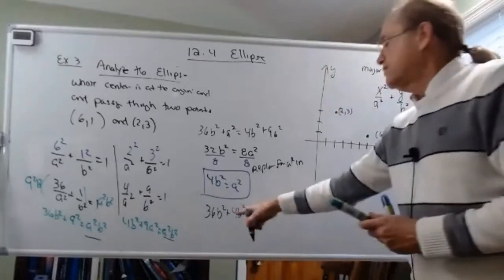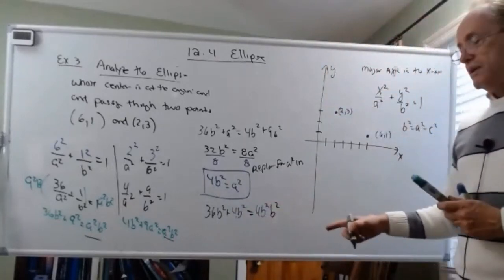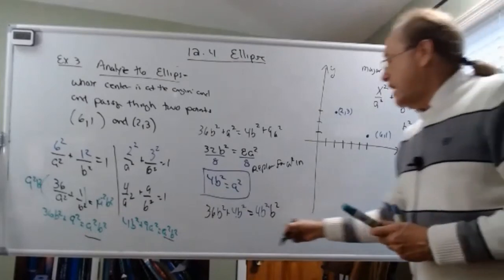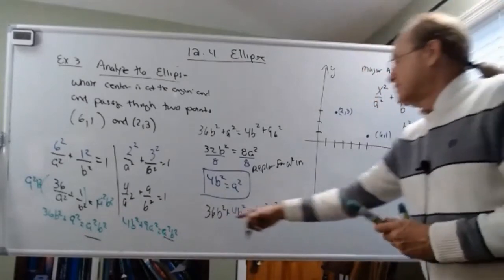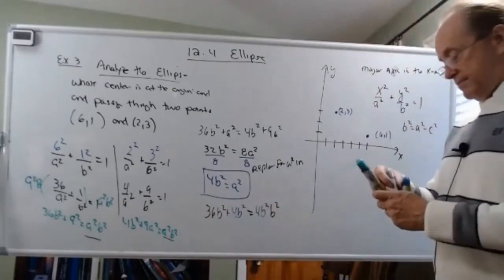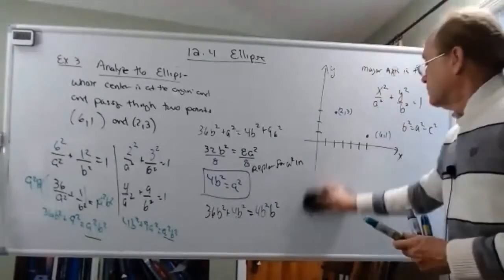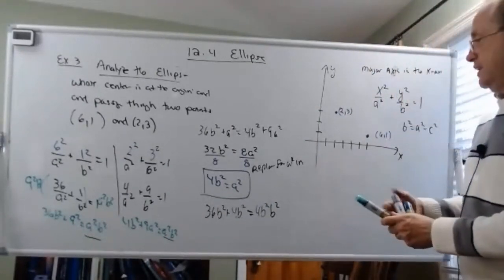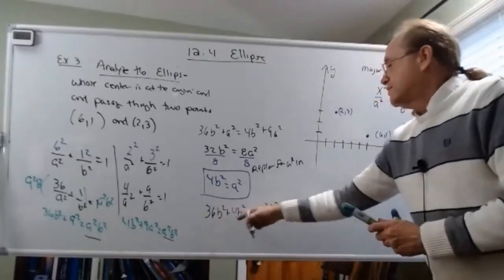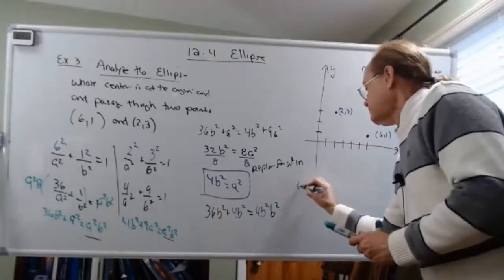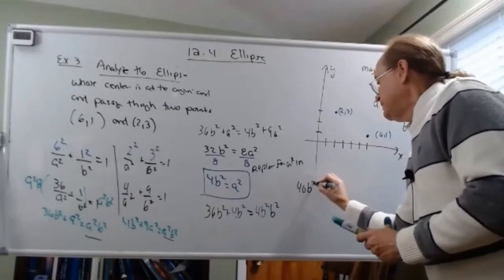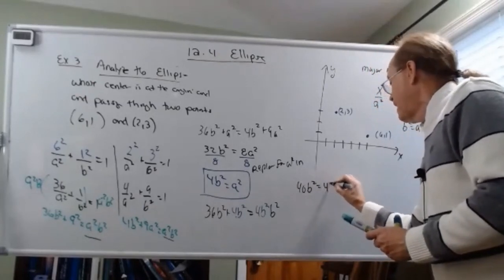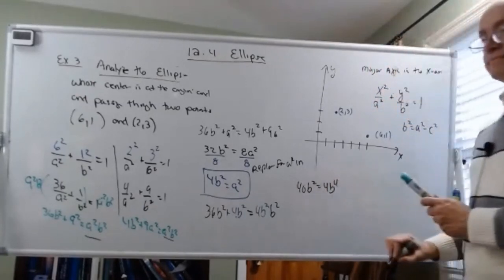So notice this is the relationship just in terms of b squared. What I can do is just divide everything by 4b squared. Well, let's combine those first. Let's do it over here. So over here, 36 and 4 gives me 40b squared is equal to 4b to the 4th.